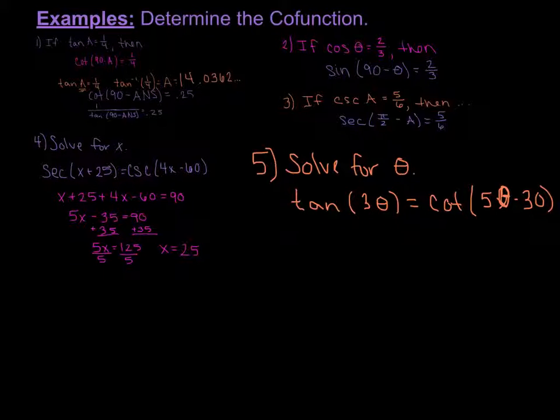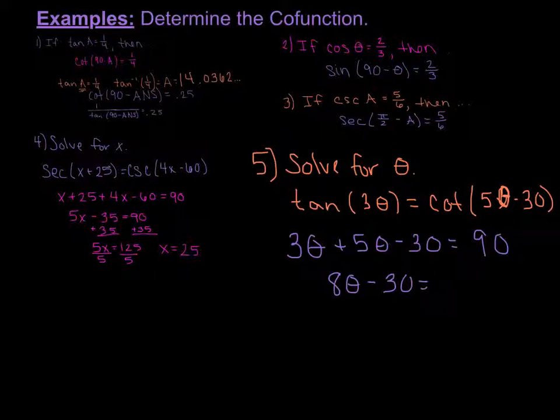So I'm going to take those two angles, 3 theta plus 5 theta minus 30, and complementary means they add up to 90. So I want to simplify and solve for theta. So I'd get 8 theta minus 30 equals 90.